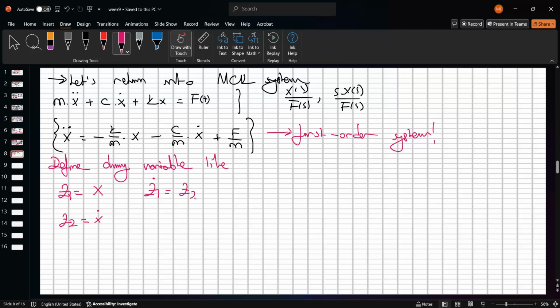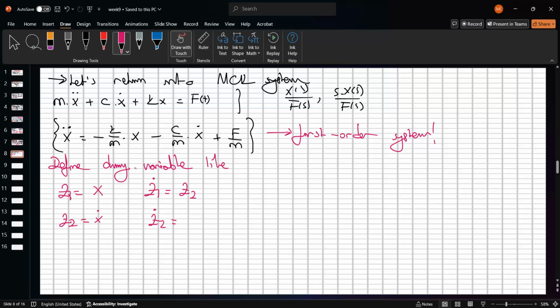Yes, z2. See, this state is in the form of the first order system. And z2 dot is equal to x double dot, which is given here, right?